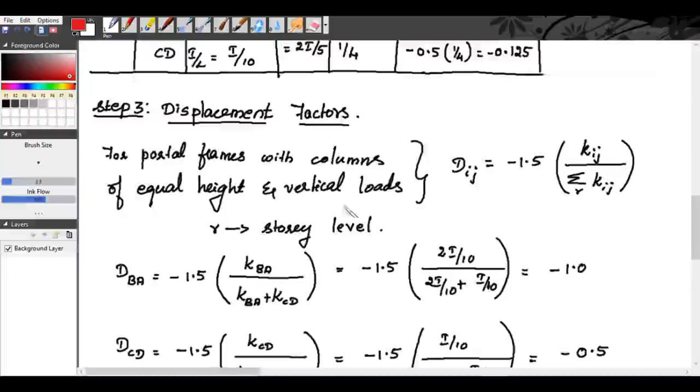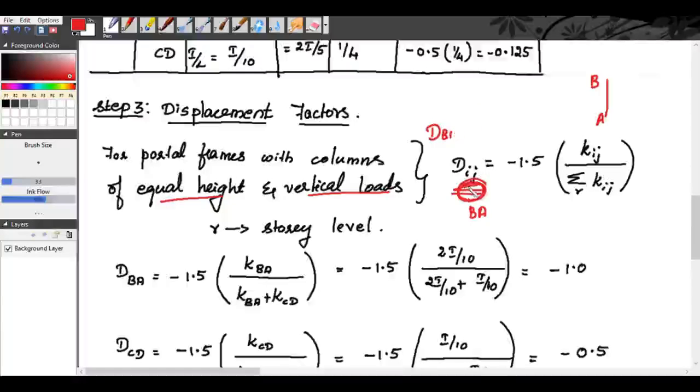So we know for portal frames with the columns of equal height and vertical loads, we have studied in the previous class. For columns with equal height and vertical loads, the displacement factor Dij, that is for the column BA, displacement factor BA, and displacement factor AB will be same.